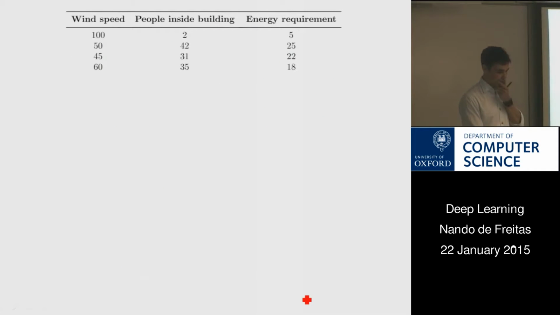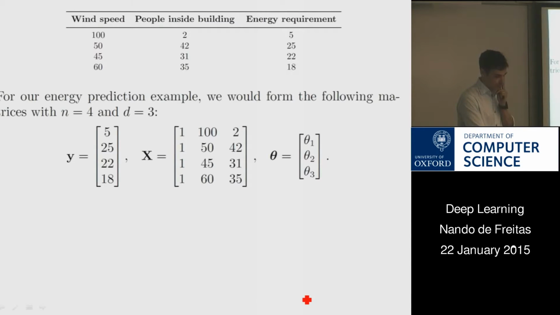Let's look at an example. Back to our thermostat design. We have two inputs, the wind speed and the people inside the building, and we're trying to predict the adjustment of the thermostat, how much energy needs to be injected into regulating this room.